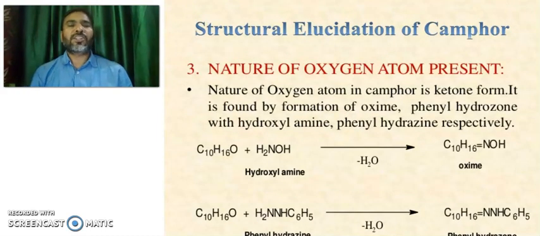Now, the nature of the oxygen atom present. The oxygen atom in camphor is in ketone form. It is shown by the formation of oxime and phenylhydrazone with hydroxylamine and phenylhydrazine respectively. You can see hydroxylamine gives oxime and phenylhydrazine gives the phenylhydrazone.